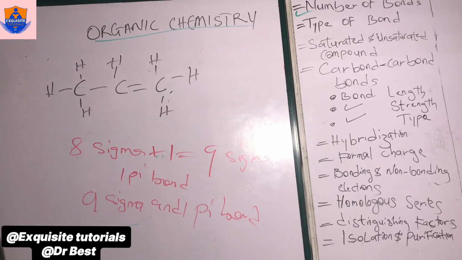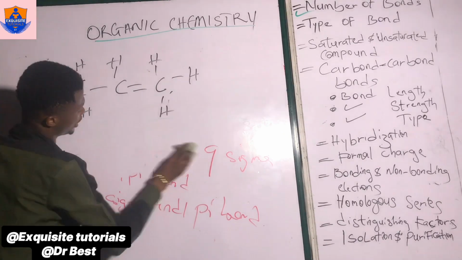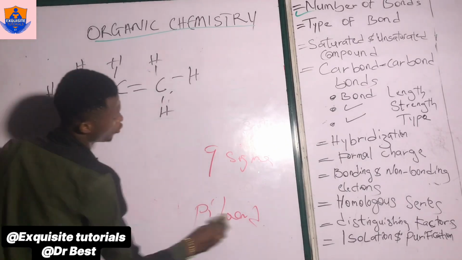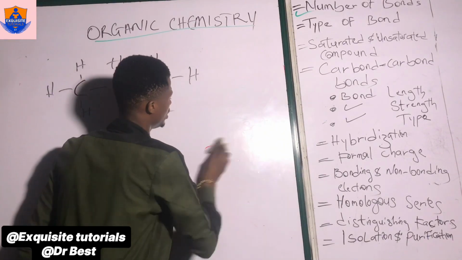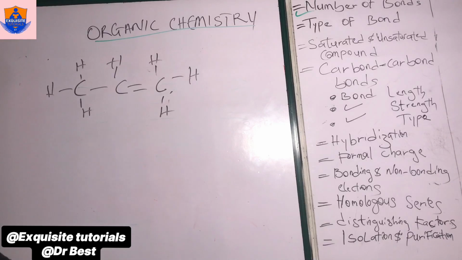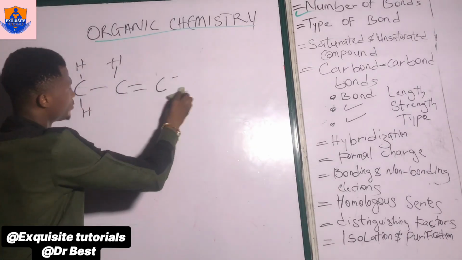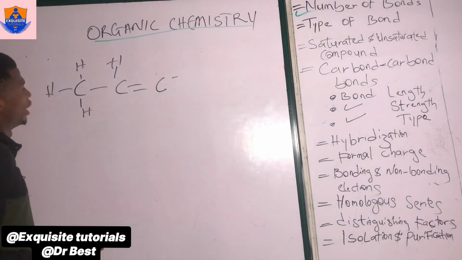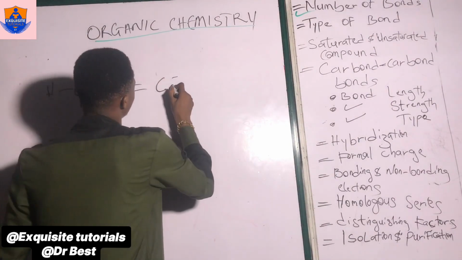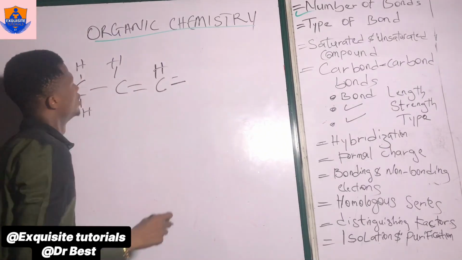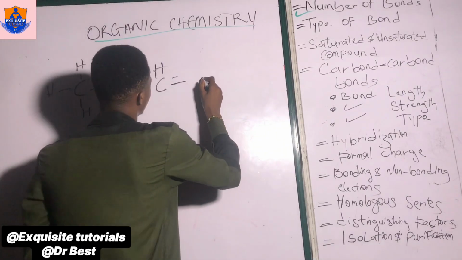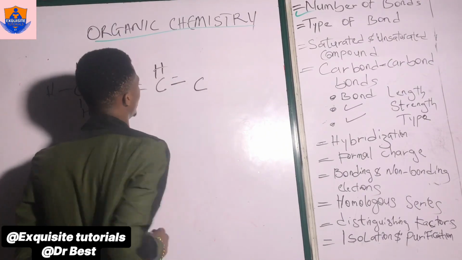What if I change the compound? I'm not going to answer this. You are going to answer it and drop the answer in the comment section. What if I change the compound to this?